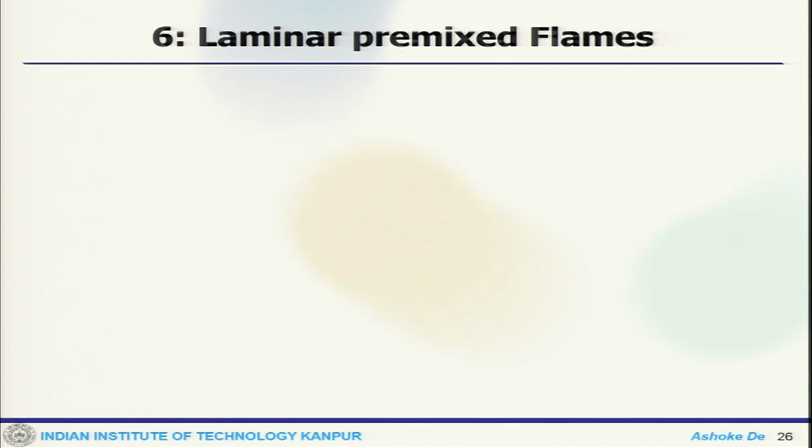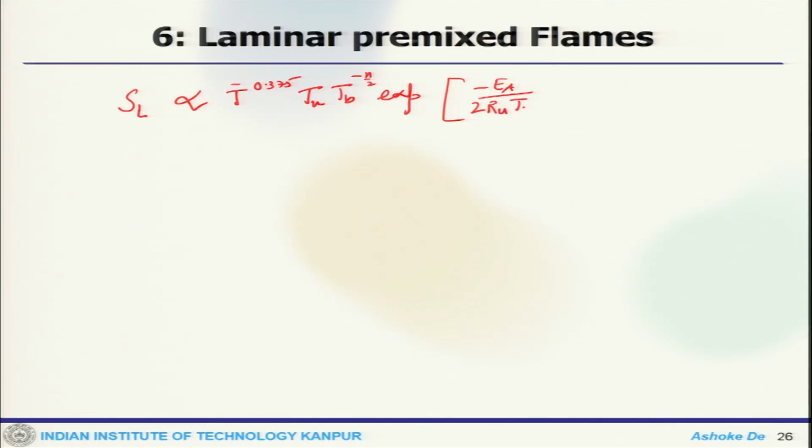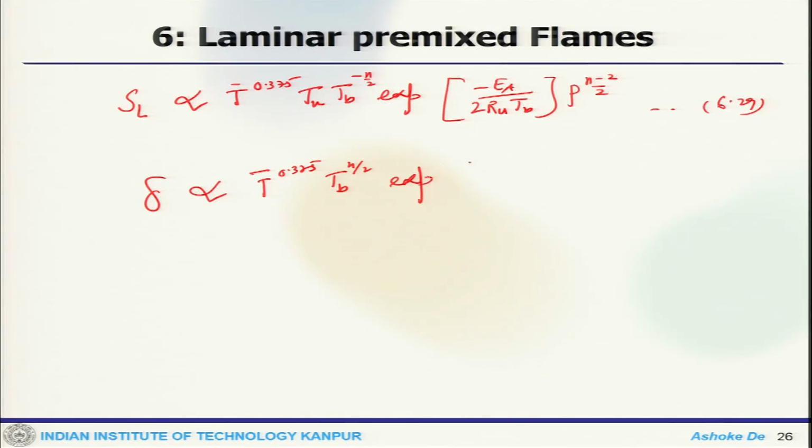Now, if you combine these scalings, you get an expression for SL, which will look like T bar to the power, T unburned, p to the power n minus 2, whereas delta is proportional to 0.375, exponential, E A by, p to the power n by 2.